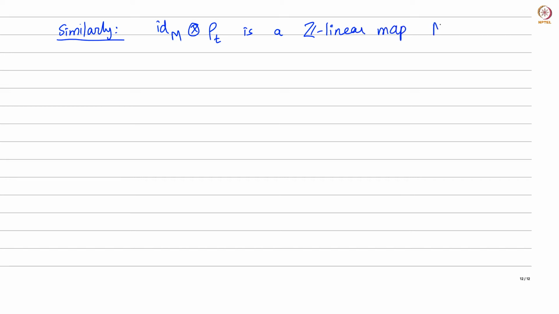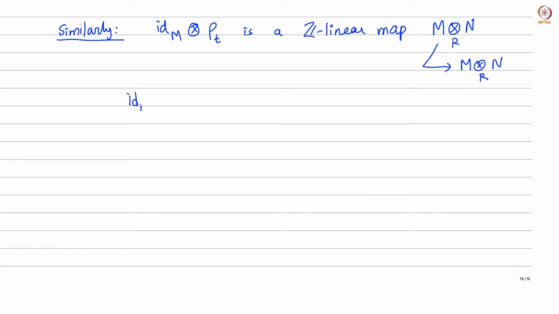Now similarly, analogous to this analysis, just look at identity tensor right multiplication by T. What is this? This is a Z linear map from M tensor N to itself, to M tensor N. What does that map do?